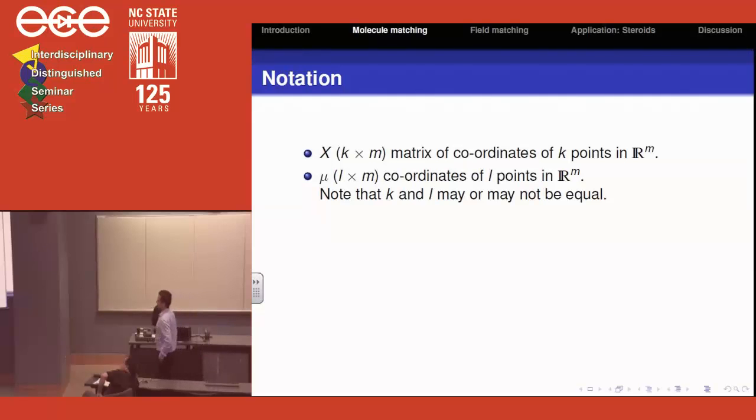Now let's say we have a second configuration which has a different number of points, L, in m dimensions. And I want to see how close together they are. I'm trying to devise a distance of similarity between the two molecules.